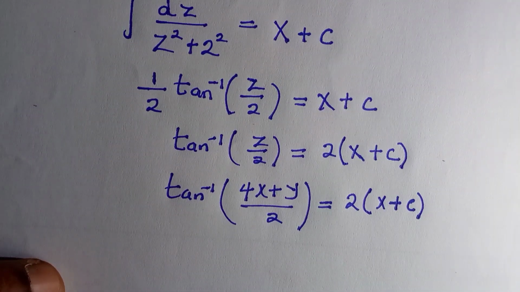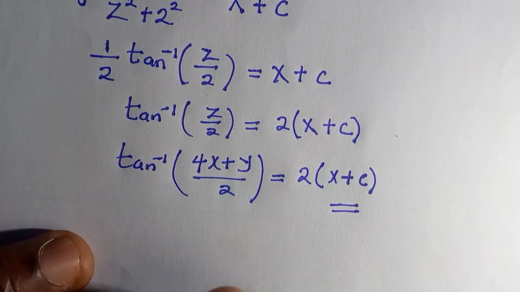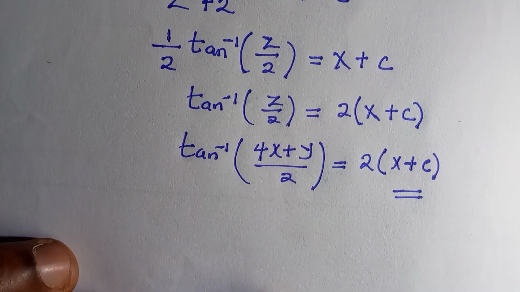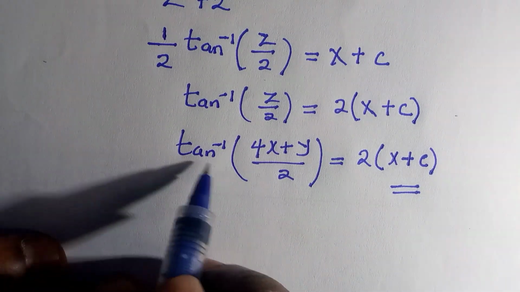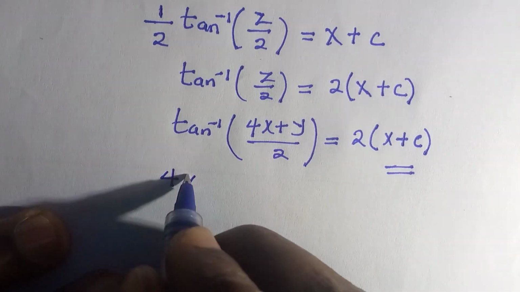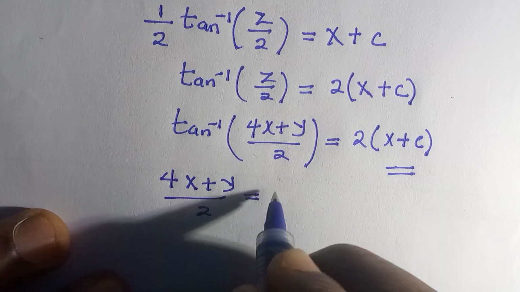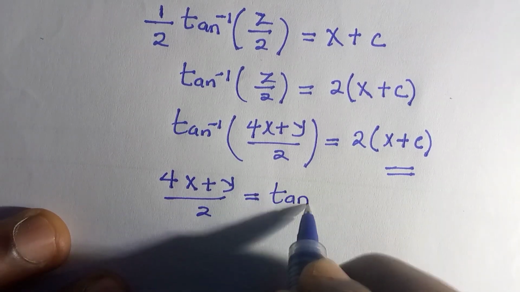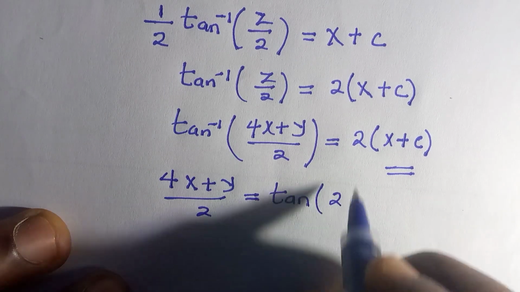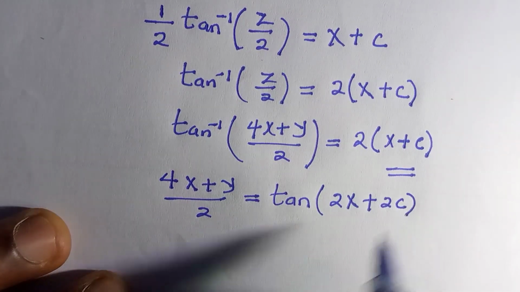If you wish, you can leave the answer here. It is absolutely correct, and you can still simplify further. But let's simplify further and see how to make y the subject of the formula. If you take the tan of both sides, we have (4x plus y) divided by 2 equals tan bracket, and if we expand this, we have 2x plus 2c.